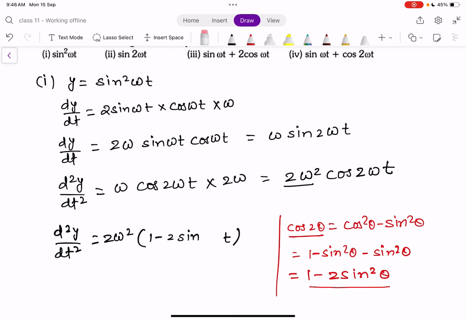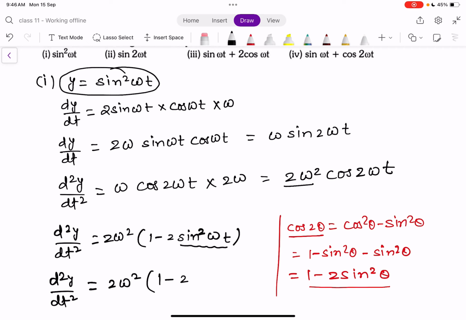Cos 2 omega t can be written as 1 minus 2 sin square omega t. So d2y upon dt2 is written as 2 omega square times 1 minus 2 sin square omega t.